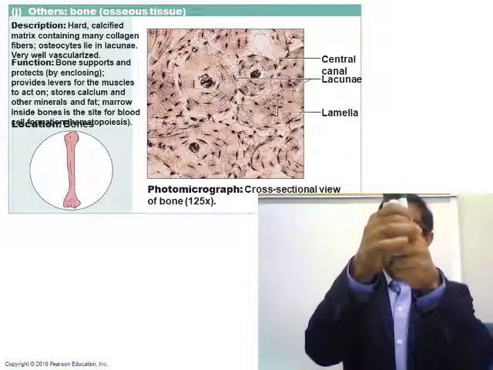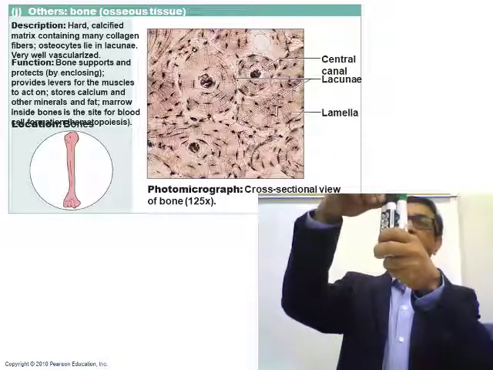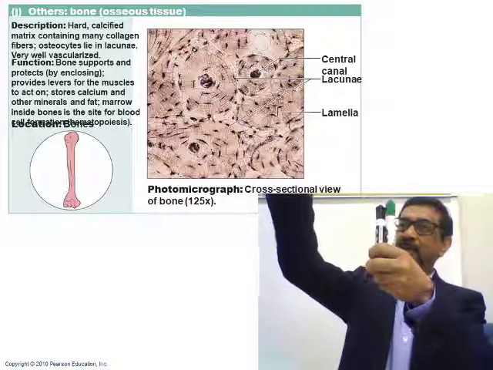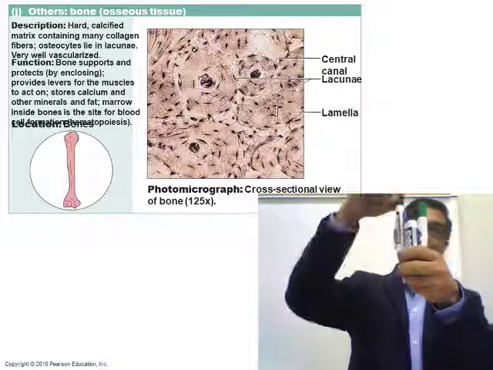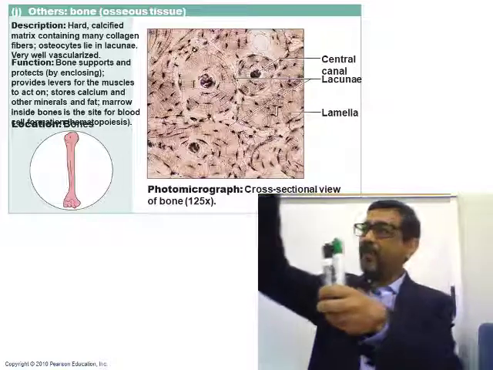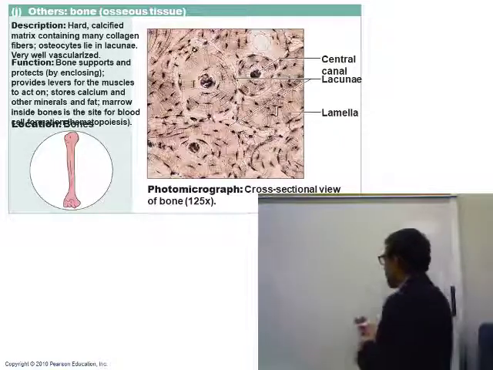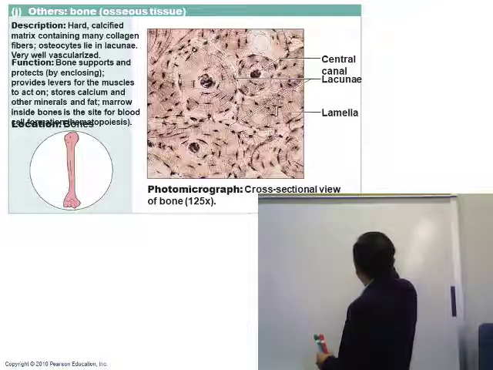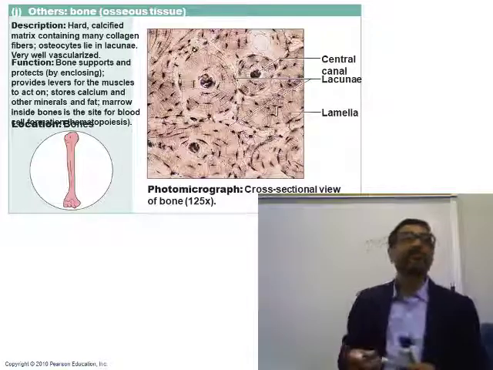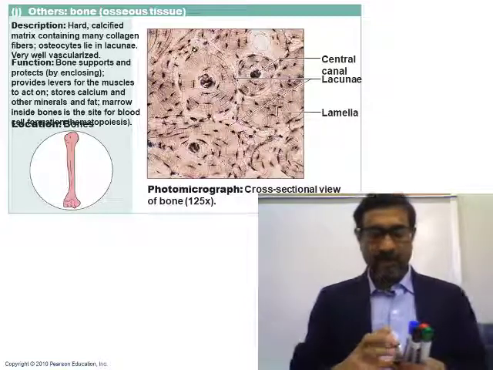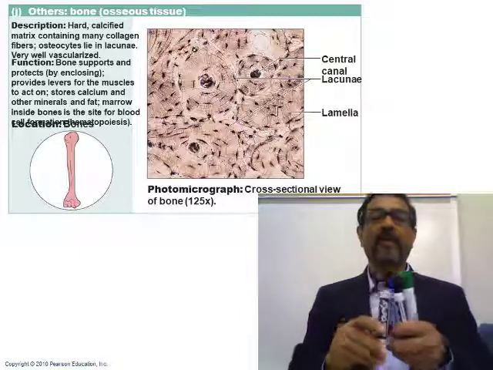That is the compact bone. And each column is the structural unit of compact bone, and each column is called an osteon. So, osteon is the structural unit of the compact bone.